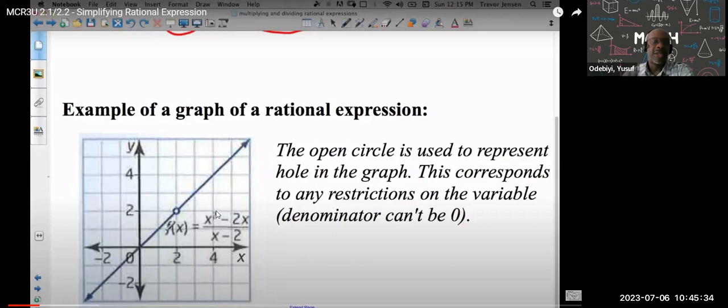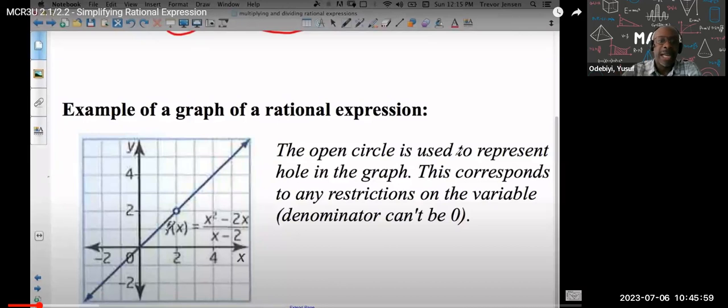Okay, so here's a rational expression. You have x squared minus 2x divided by x minus 2. Now, when you look at this, there are cases where you have to simplify. So let me just do this one as an example. I'll use annotate.